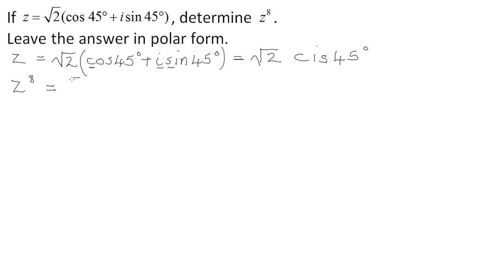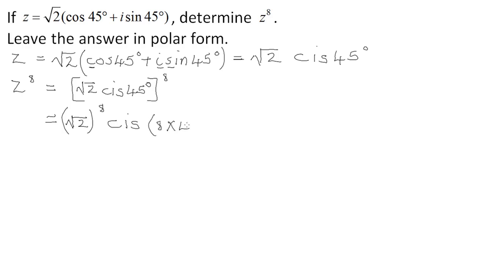which is equal to, let's put it in brackets, the square root of 2 cis 45 degrees to the power 8. What does that mean? When you go for the power, that's your modulus. You raise the modulus to that power, and you multiply the argument with that power.